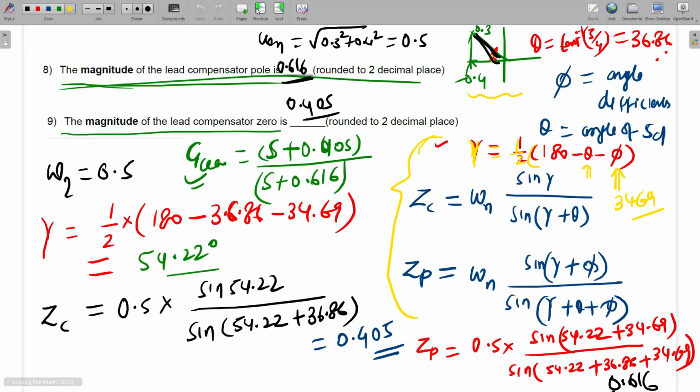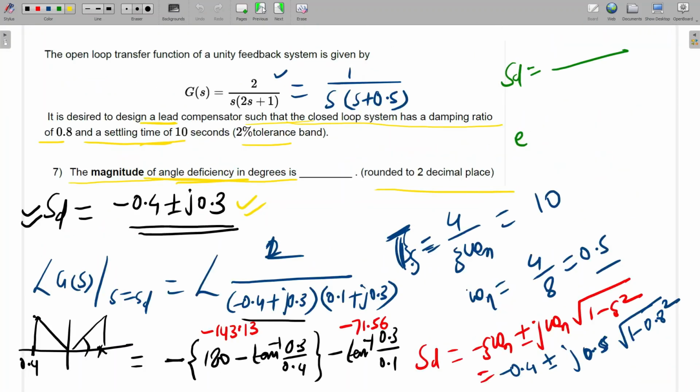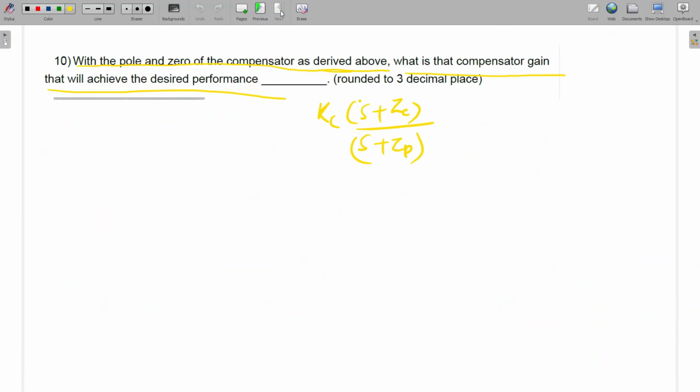The plant is 1 by S into S plus 0.5. So the compensated system will be this into this.